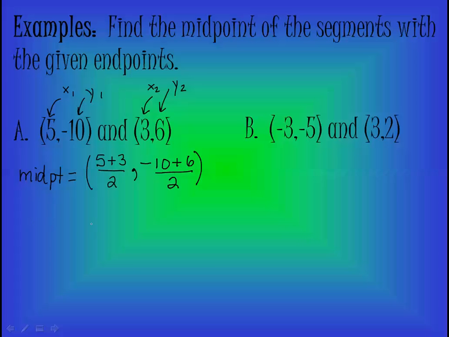That means our answer is 5 plus 3, or 8, divided by 2, which is 4, and -10 plus 6, which is -4, divided by 2, or -2. The midpoint of the segment is at 4, -2.